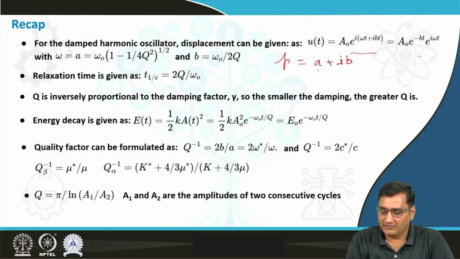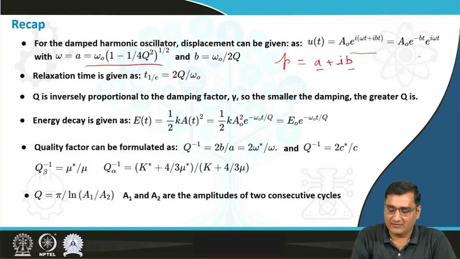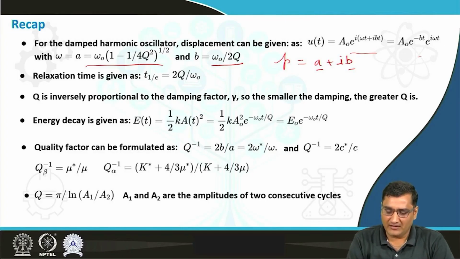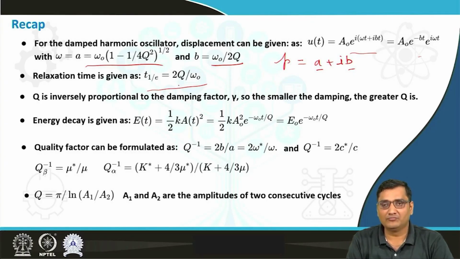So the values of a and b are like this, and the relaxation time for the seismic wave to reduce its energy to 1 by e times its initial value can be given by this particular expression. The time for 1 by e reduction is equal to 2Q by omega naught, and the quality factor is inversely proportional to the damping factor gamma.